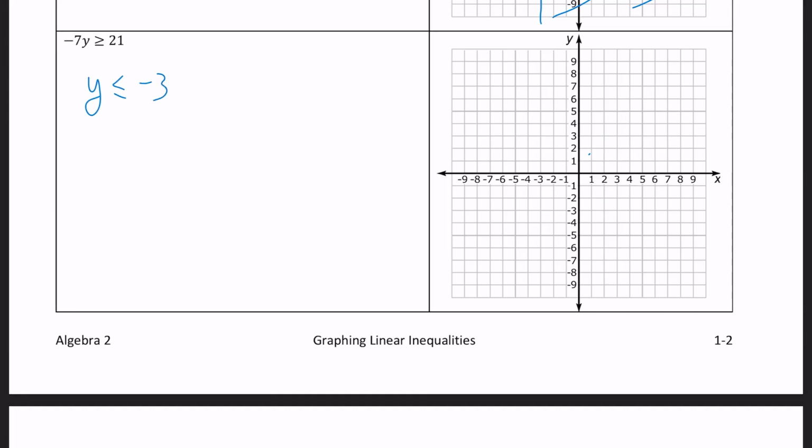So in this case, notice there's no reference to x, and anytime that you see something like this, this has a constant y value. And the first thing that we should look at for our graph is just the graph of y is equal to -3.